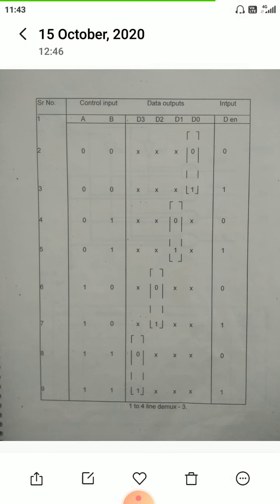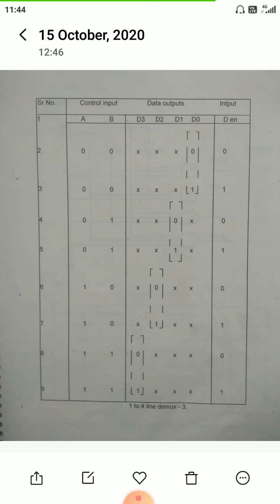Similarly, we have another expression, our second output expression, D1. For D1 to be true, your control inputs are 0 1 and data enable is 1.